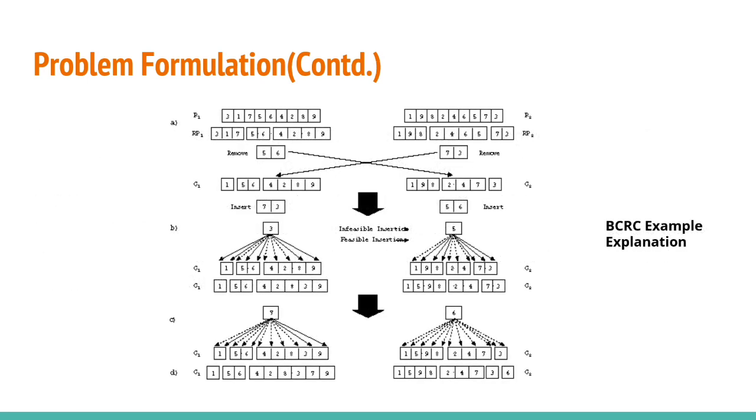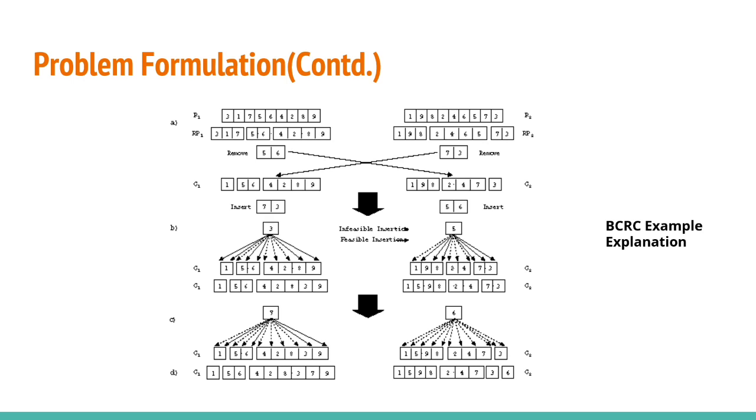BCRC can be seen here. We first select two parents to which we are going to apply the crossover operator, and we select a segment of customers from both parents. Like we have selected the customer segment 5, 6 from parent 1 and 7 and 3 from parent 2.